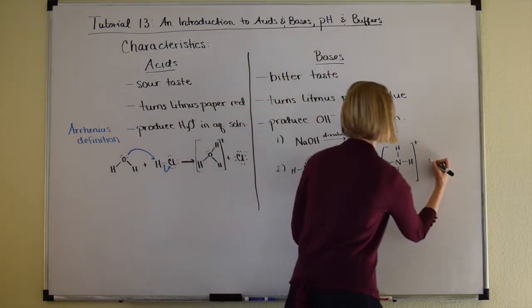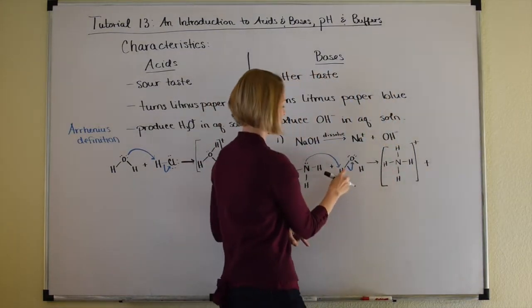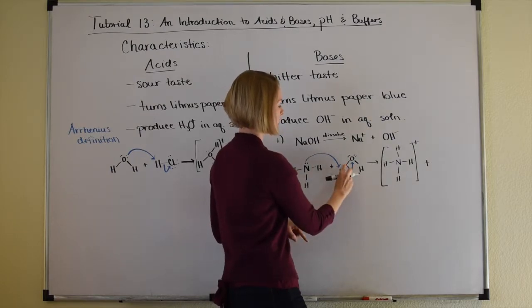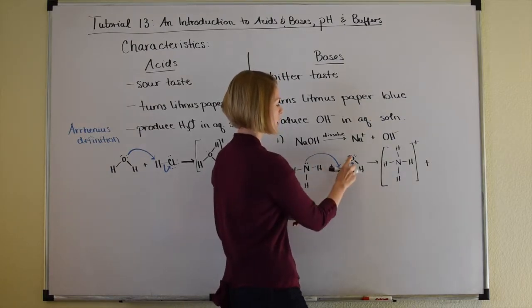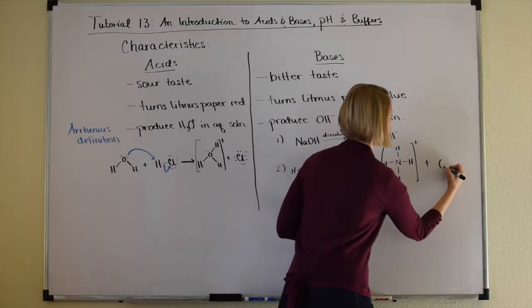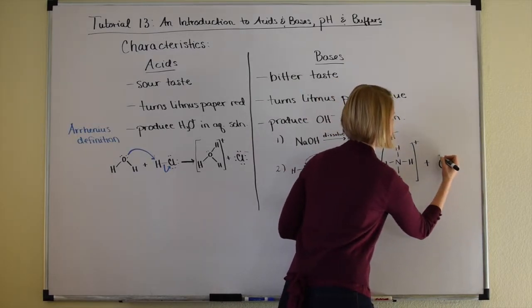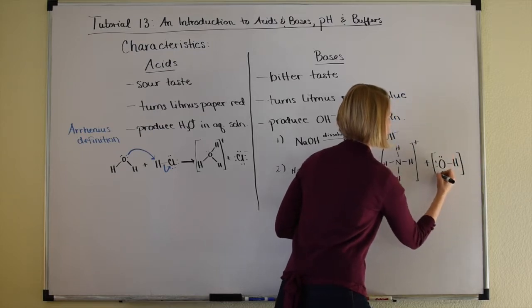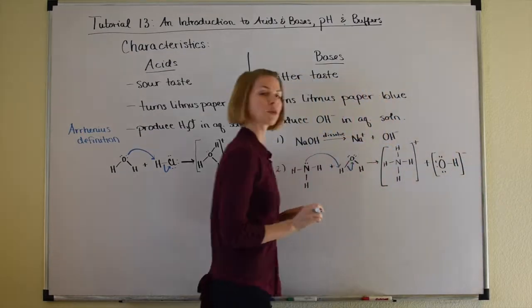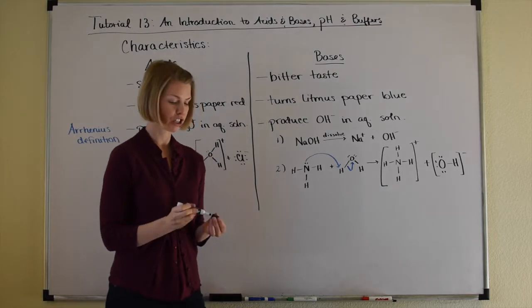And then what's left over here? This hydrogen was removed. The electrons remain behind on OH, or the hydroxide anion. So it gained an electron, so it has a 1- charge.